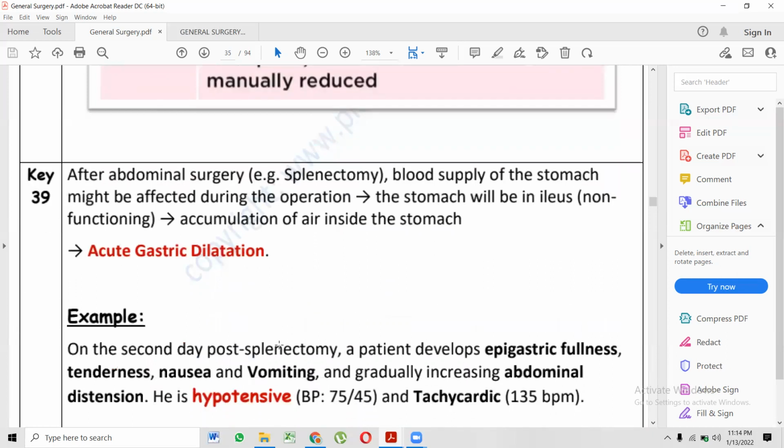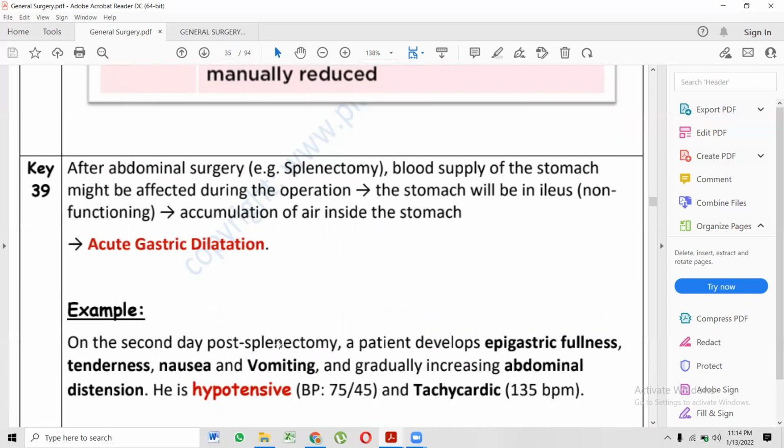For example, let's discuss a scenario. On the second day of post-splenectomy, a patient develops epigastric fullness, tenderness, nausea, and vomiting, and gradually increasing abdominal distension. He is hypotensive and tachycardic. So after splenectomy, if a patient presents to you with epigastric fullness and abdominal distension, then the cause is more likely acute gastric dilatation.